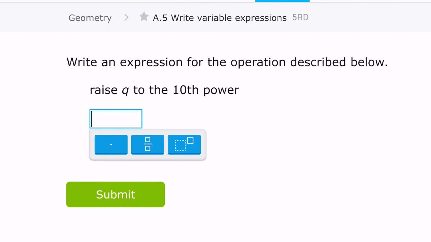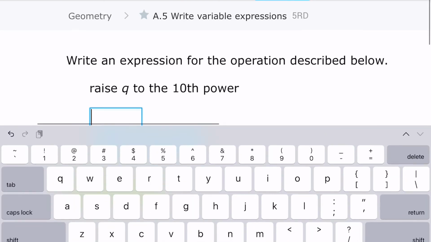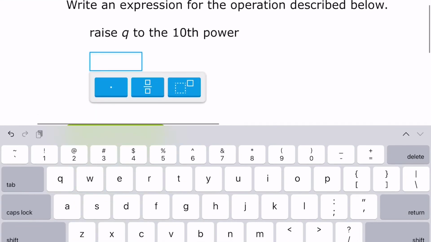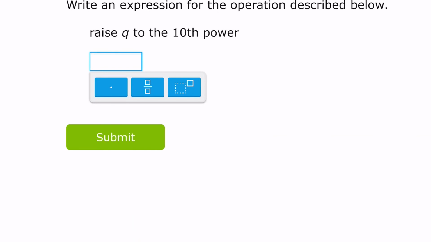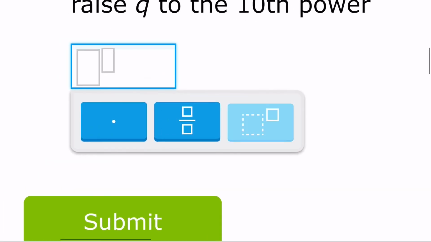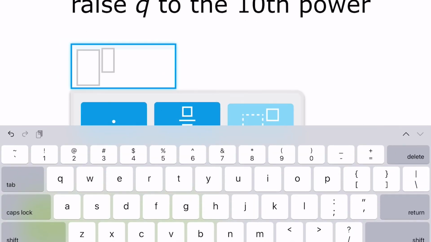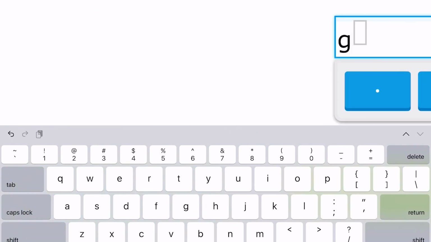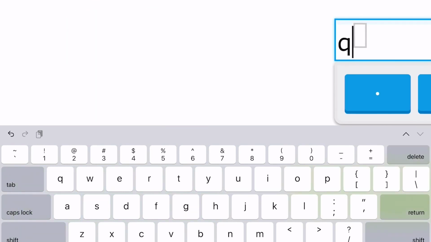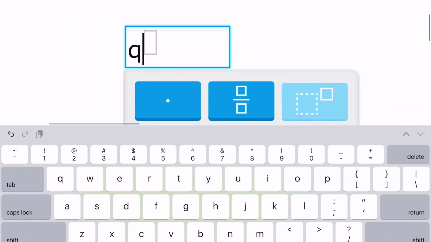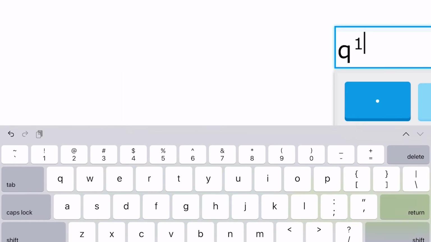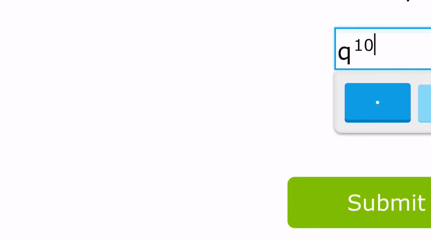So the next one, raise q to the 10th power. Okay, so I'm going to start with this symbol. See the symbol on the right here, that I just clicked. That's going to allow me to type in q. Oops, that was a g. Q, and raise it to the 10th power, which means I'm going to put in the number 10.